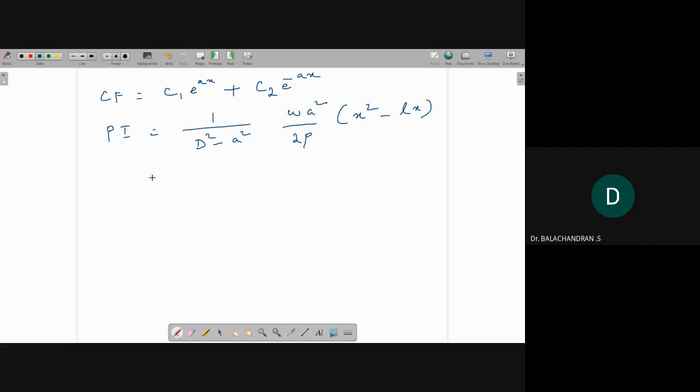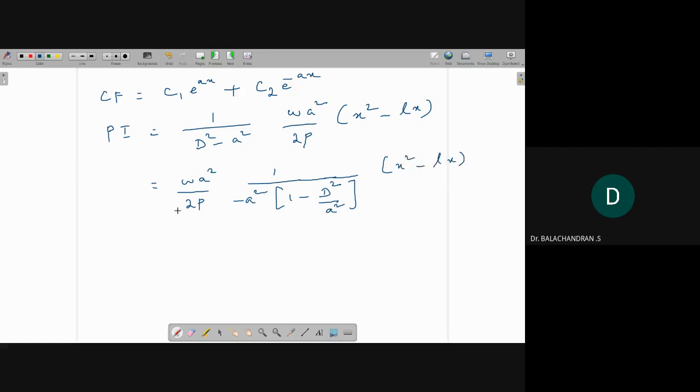So from this we have omega a square by 2p into, I will take minus a square commonly. So then you get 1 minus D square by a square into x square minus lx.